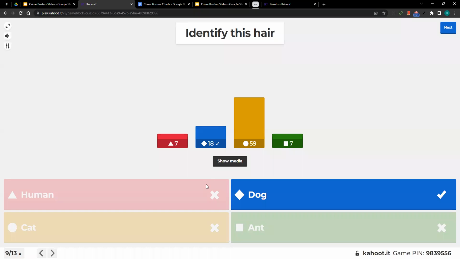Wait, I think I got this wrong. Actually, I think the correct answer should be cat. I'm super sorry, because there were little circle things within the hair itself. I don't know why I put dog as the answer. I'm super sorry, everyone. If you chose cat, you are the real winner.